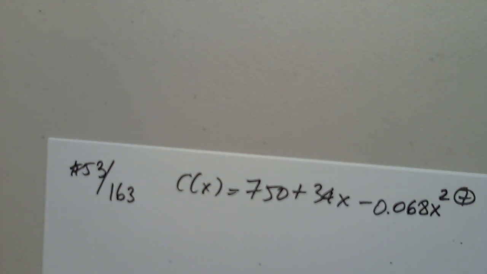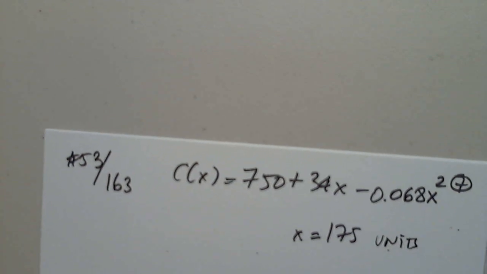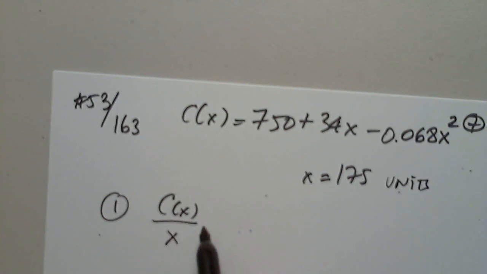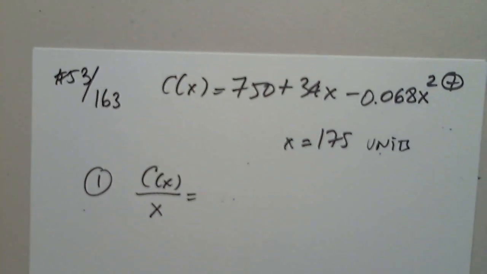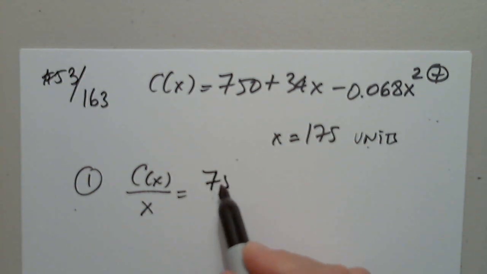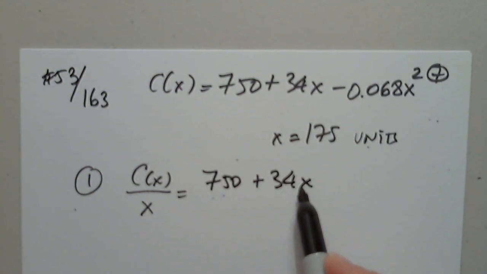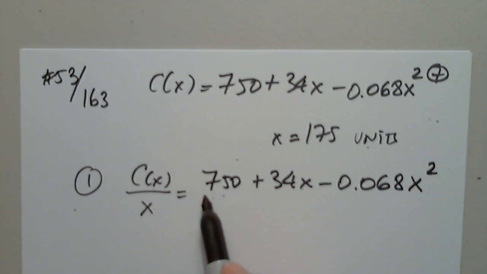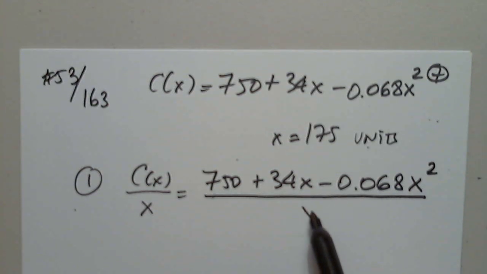They want us to find the rate at which the average cost is changing when 175 units are produced. So first, we have to determine C of x divided by x. Well, C of x divided by x is 750 plus 34x minus 0.068x squared, divided by x.